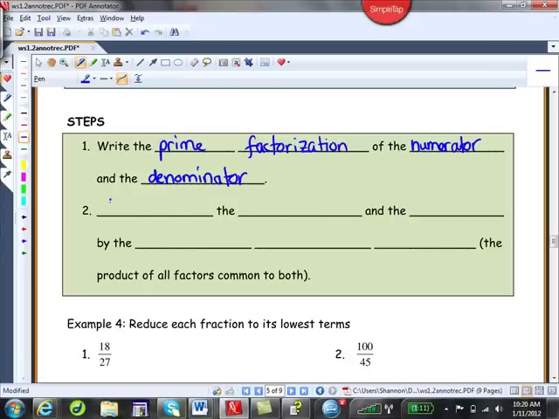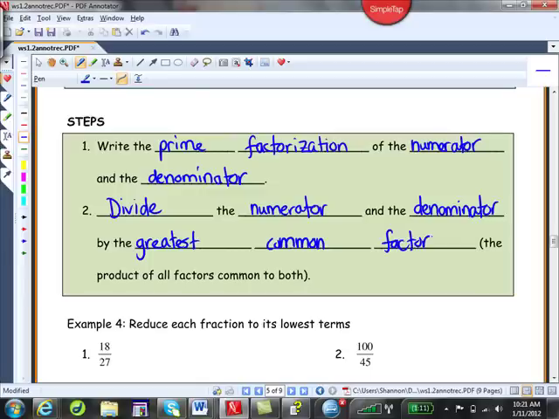Divide the numerator and the denominator by the greatest common factor. What that means is it's the product of all of the factors that are common to both.